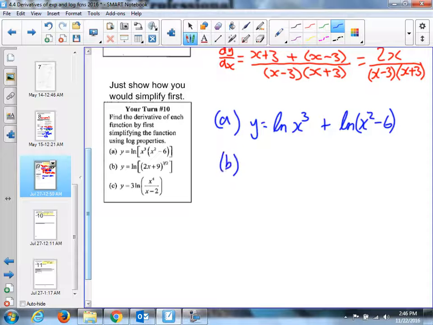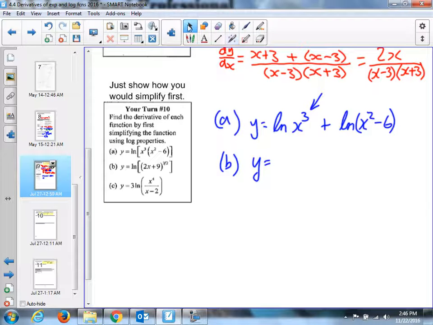How about b? I guess y equals natural log. What would you do to this? Three halves outside. I think it would be even easier, yeah. And that's what I was mentioning over here. You could have done that too, right?